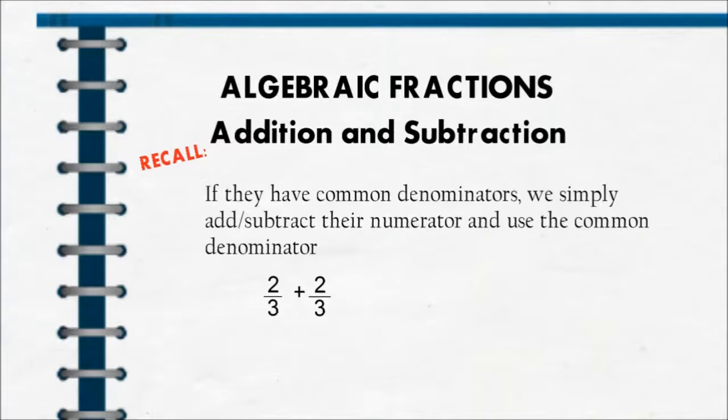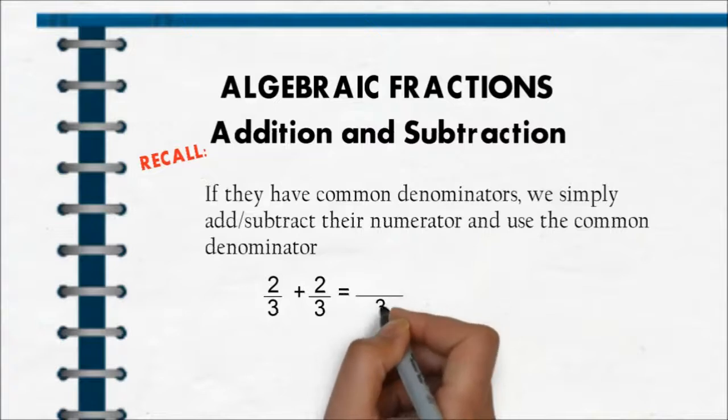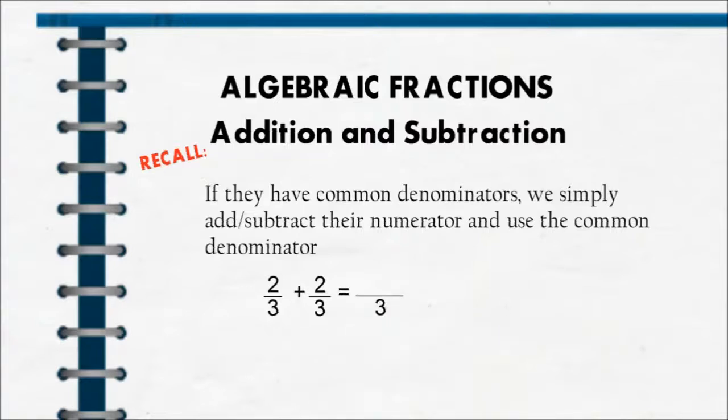Now in this case, 3 is a common denominator to both fractions, so we can simply add their numerators. Hence, we have 3 as the denominator, then 2 plus 2 at the numerator. Now when we add 2 to 2, we have 4. So we have 4 over 3.